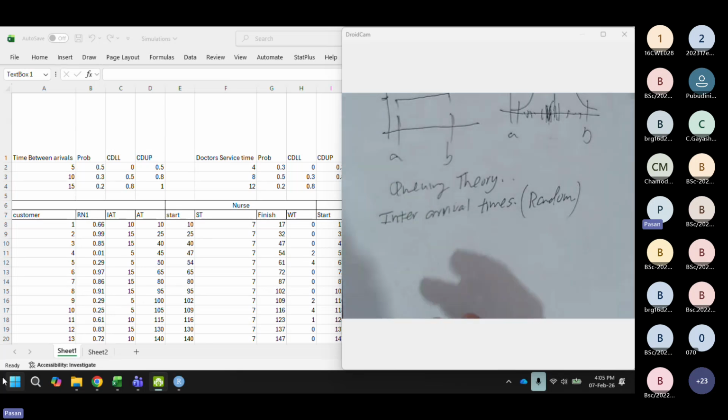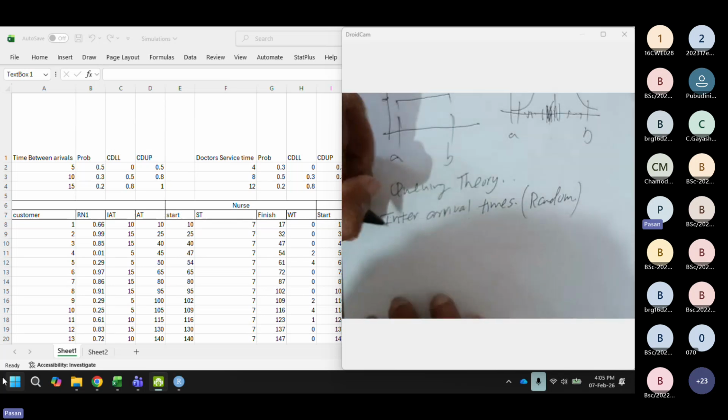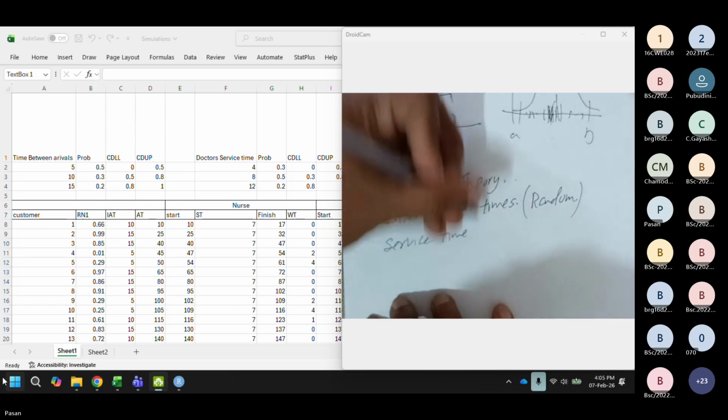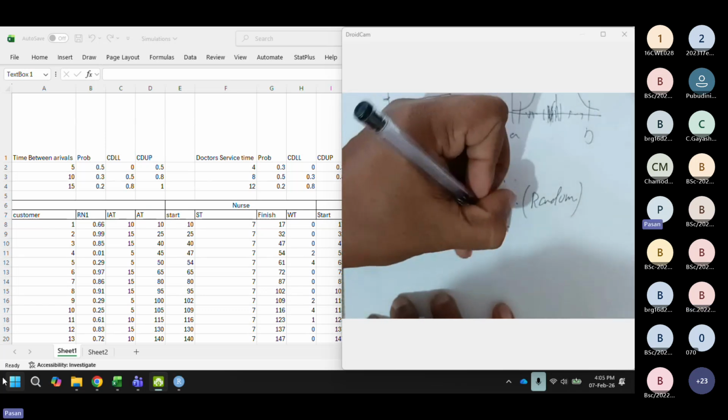The next thing is the service time. That's again some random variable.